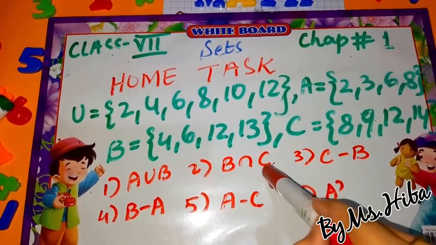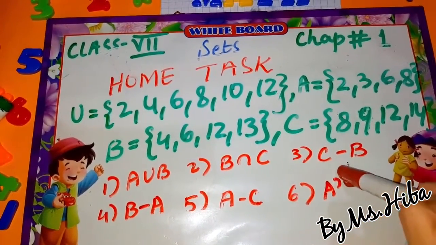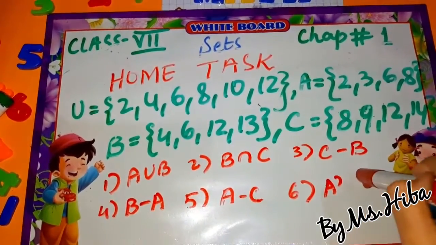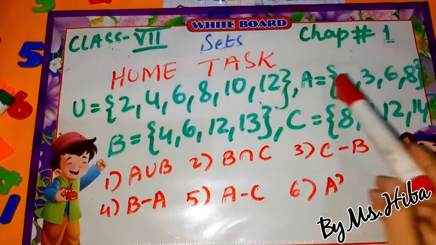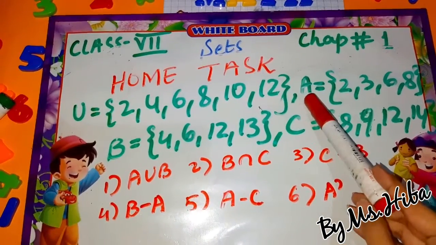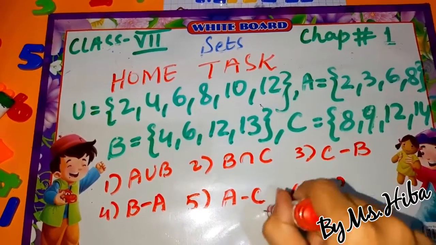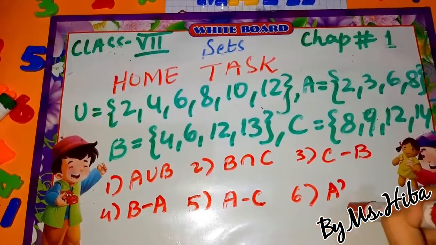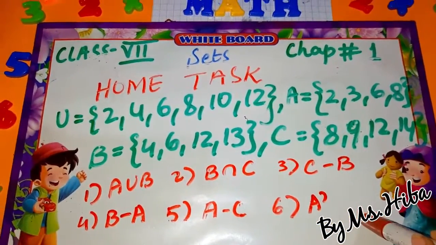Intersection for set B and C. Using C and B set, C difference B. Using set B and C, you can find the difference for C and B. B difference A, you can find the difference using set A and B. A difference C, using set A and C, you can find the difference, and A complement. So you have to do all these questions in your notebook and send it to me.